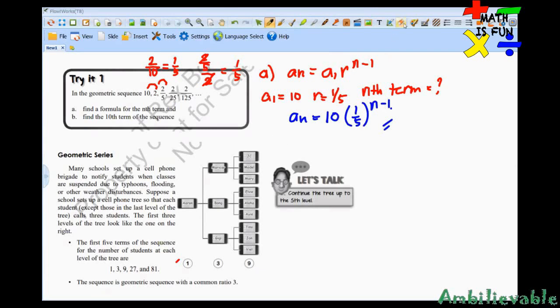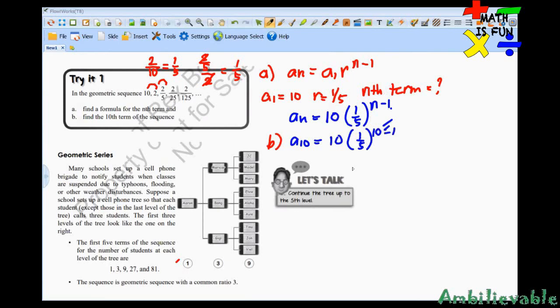Letter B, we are looking for the 10th term, so that's the unknown. So a sub 10 is equal to 10 times 1 over 5 raised to 10 minus 1.